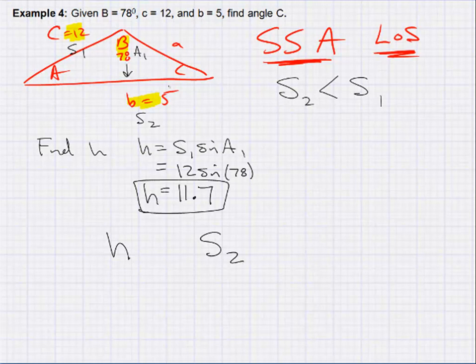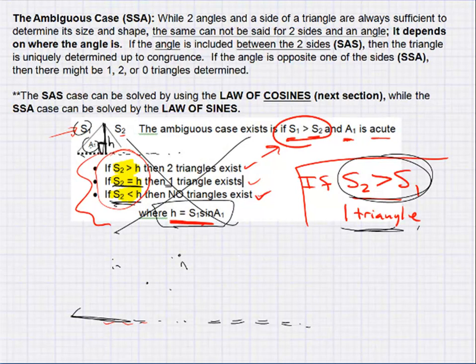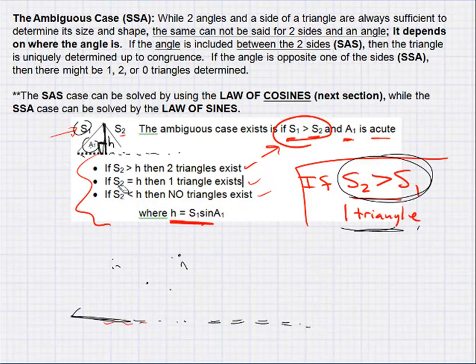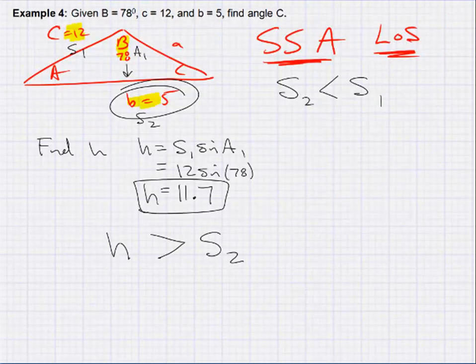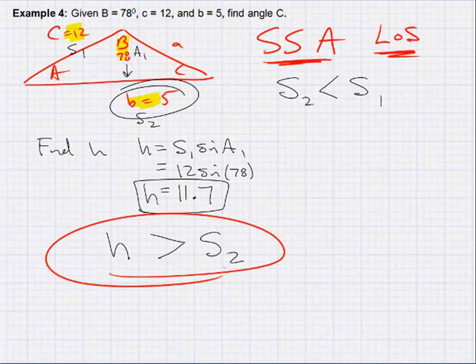Well, if this is side 2 and this is h, which one's bigger? Clearly h. If h is bigger, go back to my chart I gave you. If h is bigger, no triangles exist. So since this happens, I can't find angle C. It doesn't exist.